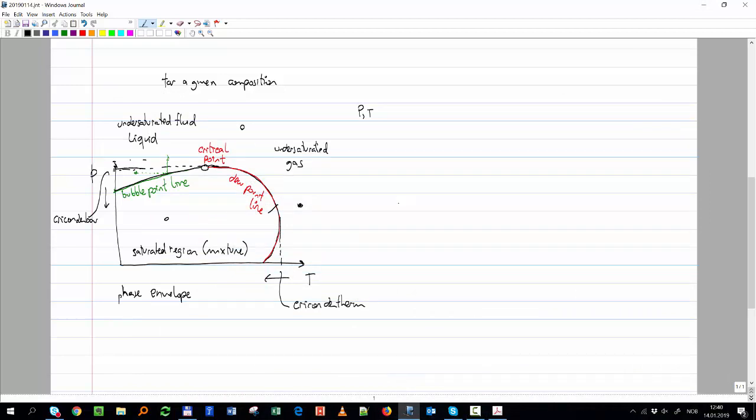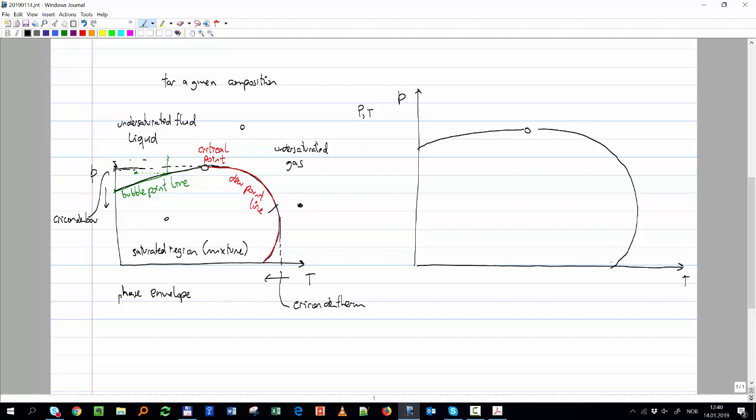I'm a bit afraid of putting more things on this plot, so let me just make a new one. I have one more thing, and it's very simple. If it falls inside, I'm in two phase, but I also have some lines which are constant quality.